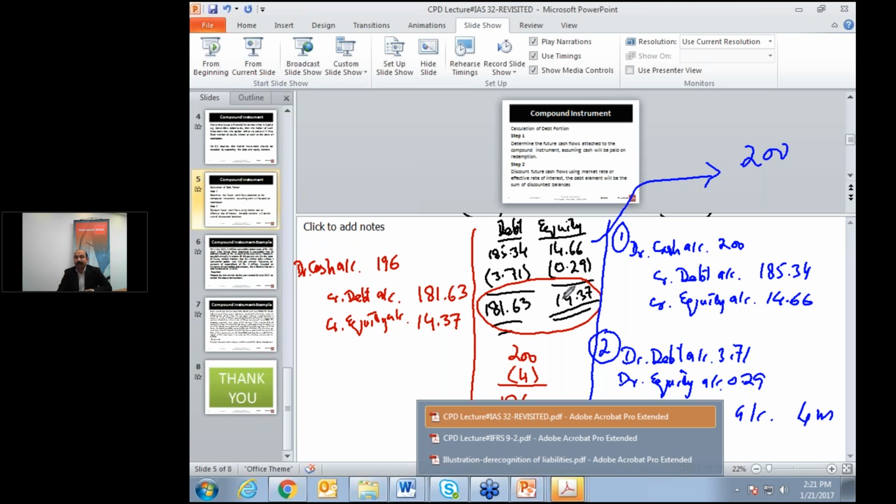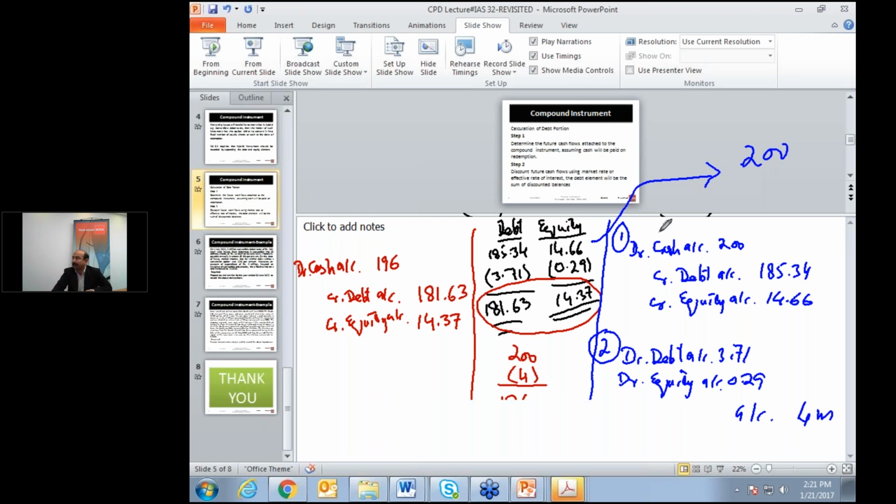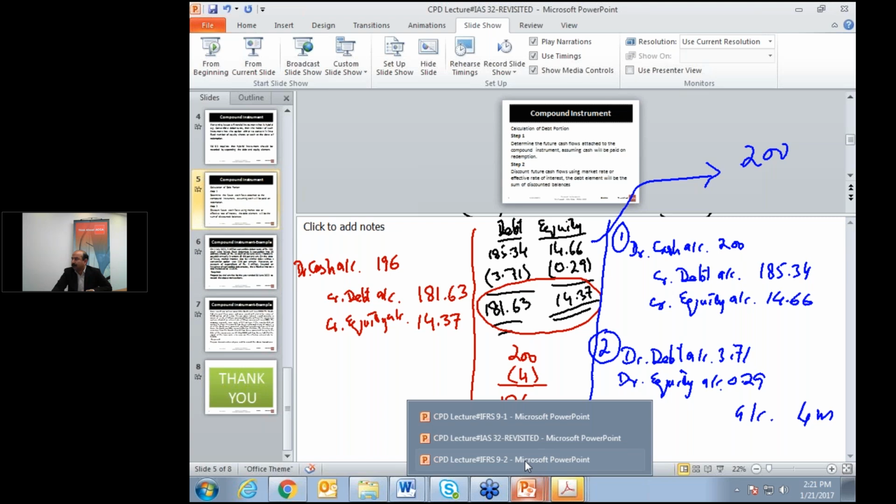So we learned that this instrument is initially measured at fair value less issue cost. Go back to the earlier slide of initial measurement. I hope it should be clear. Okay, let's move to the next.